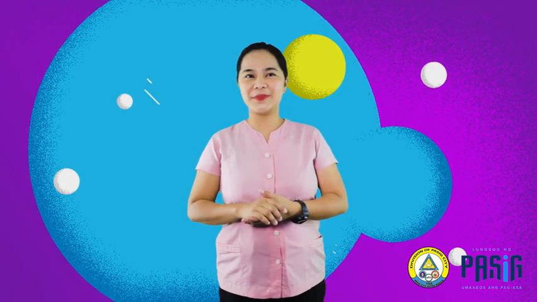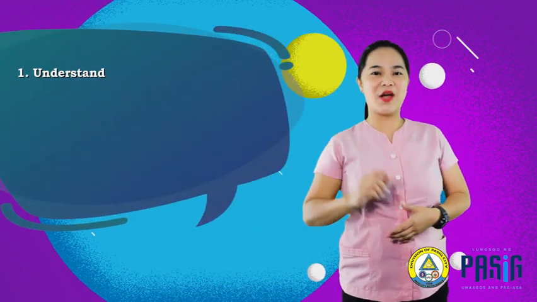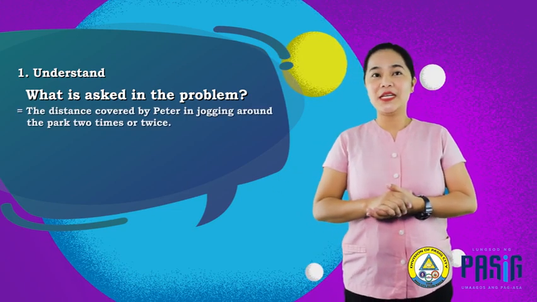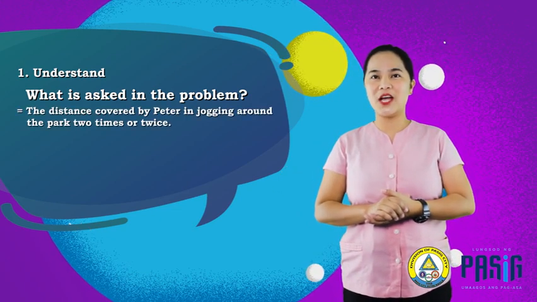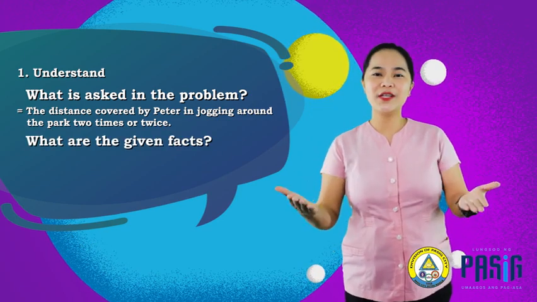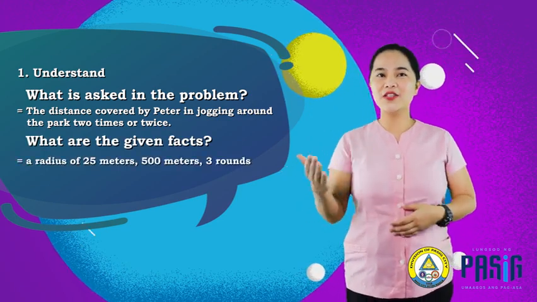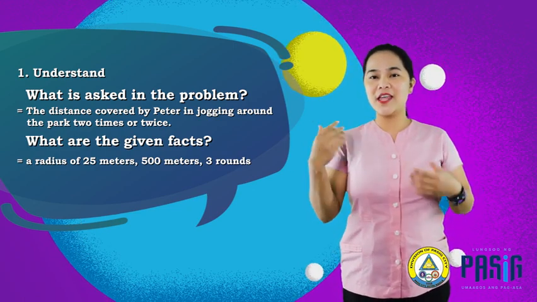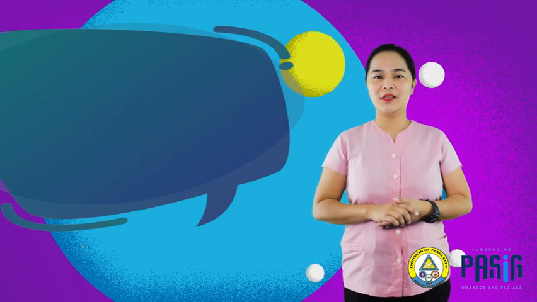Here are the steps. Number 1 is to understand. What is asked in the problem? The distance covered by Peter in jogging around the park 2 times, or twice. What are the given facts? A radius of 25 meters, 500 meters, and 3 rounds.